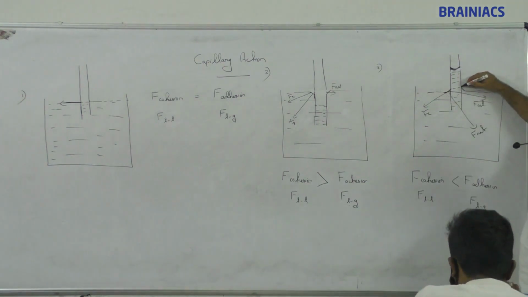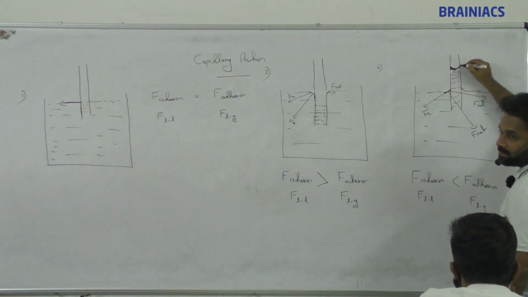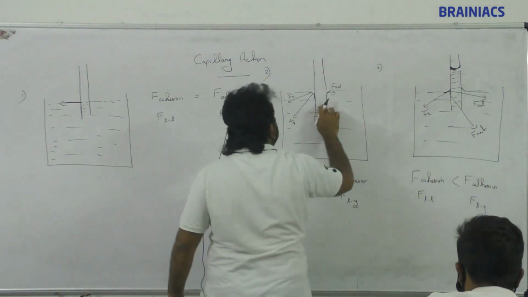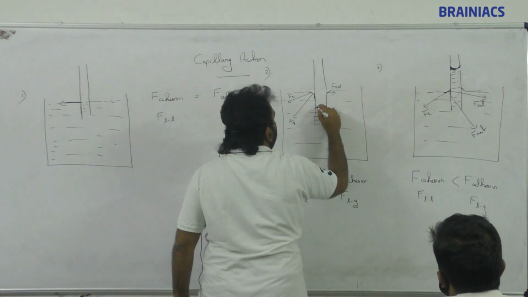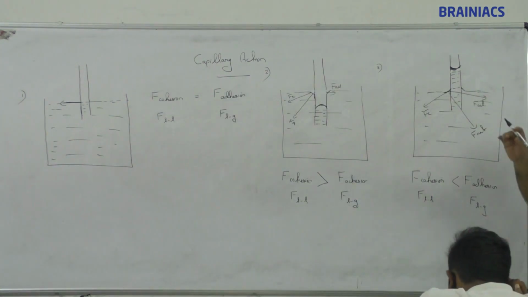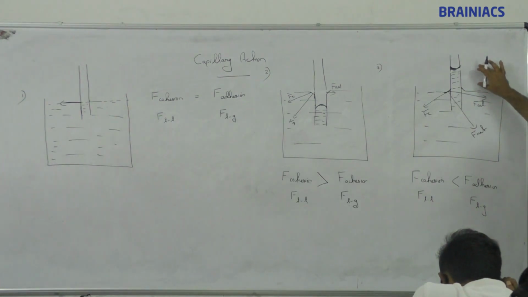Here it is attaching to the glass, same way here this will be attaching to the glass. Okay, same way here this is going to be different. We are studying about this height, capillary rise. Okay, regarding capillary rise we will be studying.